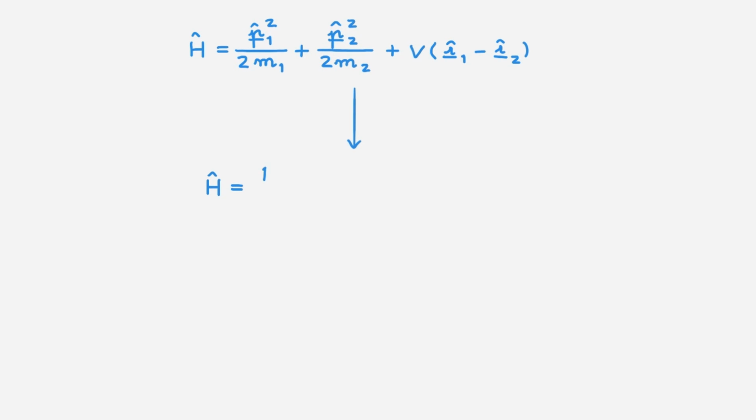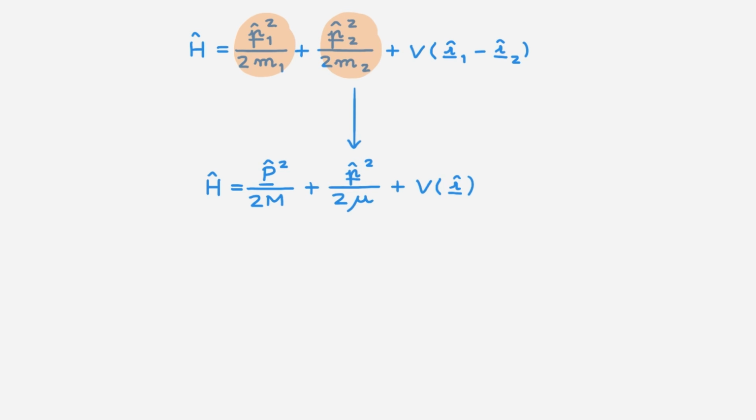Let's take a step back and see what we've accomplished by changing coordinates. The original Hamiltonian has these 3 terms. When we rewrite it in terms of the new center of mass and relative coordinates, we also get 3 terms. In both cases, we have 2 kinetic energy terms associated with each type of momentum. In the original expression, the kinetic energy terms depend on particle 1 of mass m1 here and particle 2 of mass m2 here.